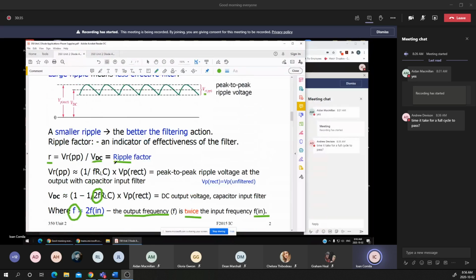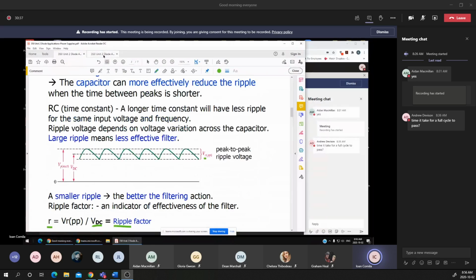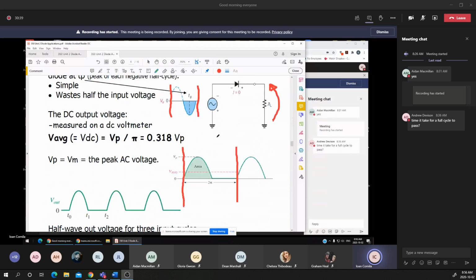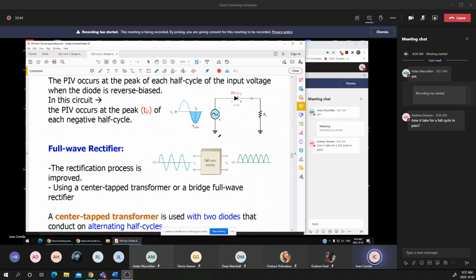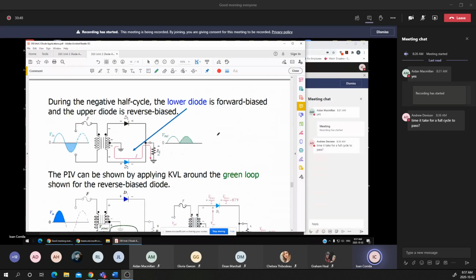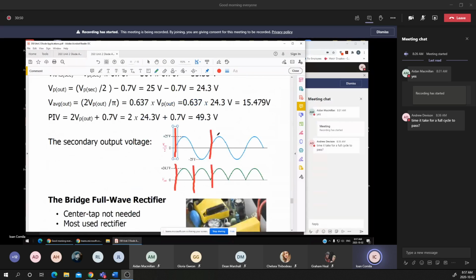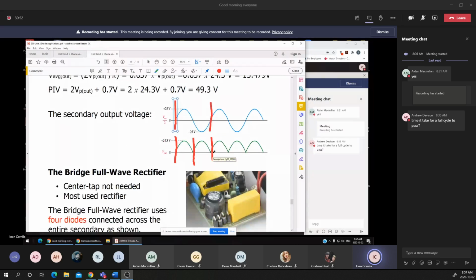Remember, we talked about those two diagrams. That's the same frequency for the half wave rectifier. And for a full wave rectifier, you notice that the frequency is doubled on the output of the bridge rectifier. It doesn't matter if it's a center tap using 2 diodes or a bridge rectifier.